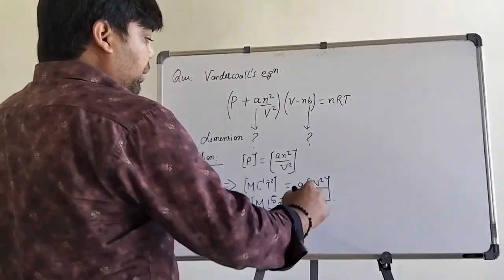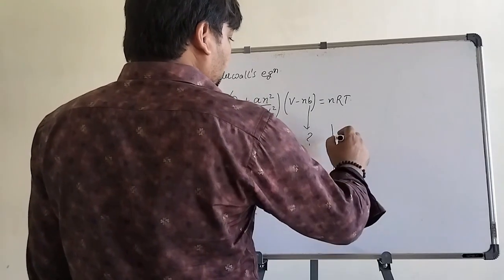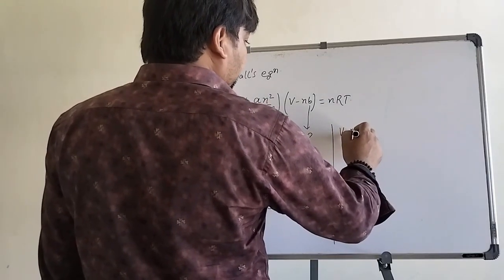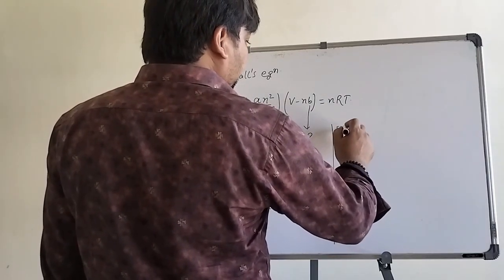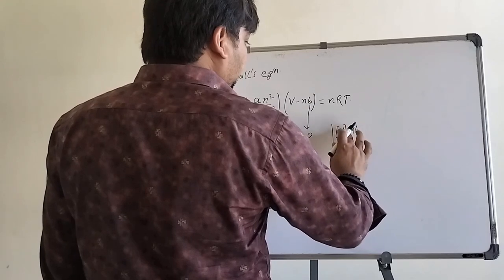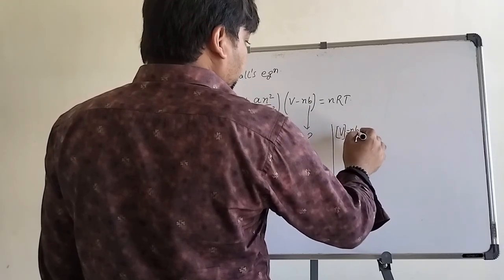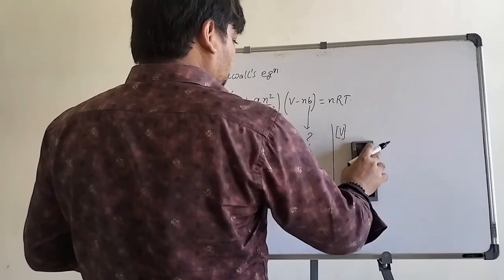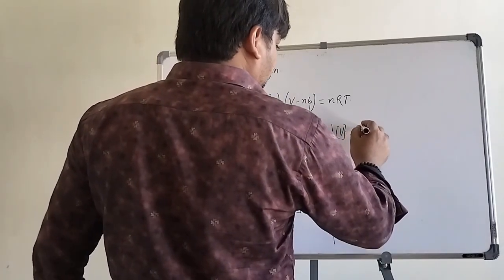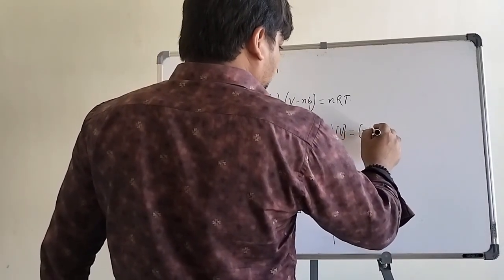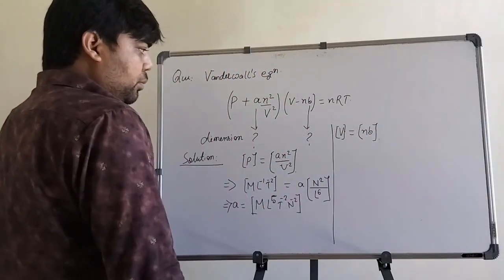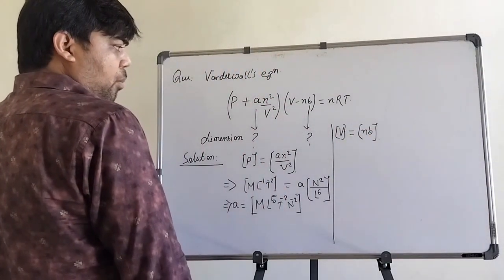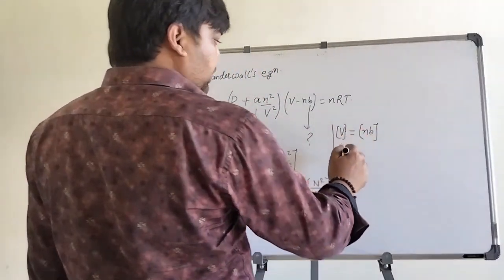Now let us go to b. So V is nothing but V minus nb. So the dimension of V is the same as the dimension of nb, right? So what is V?